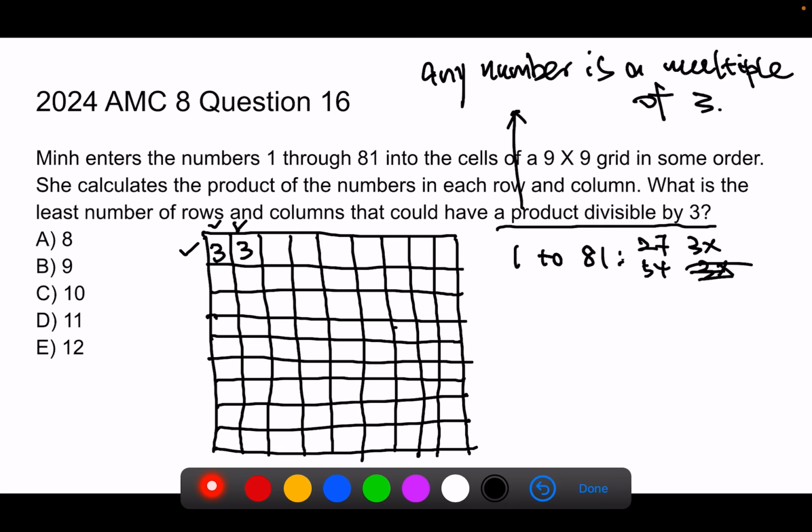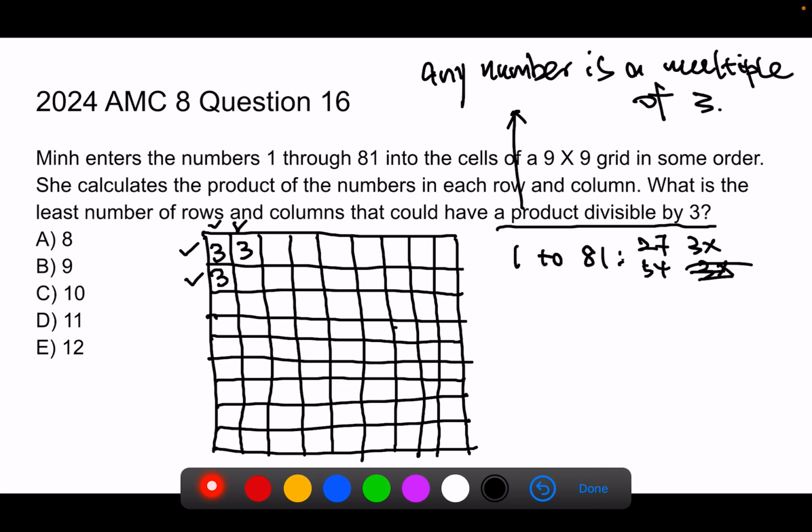Now you can see the same strategy. Where should my next 3 go? Same thing, you want to reuse the rows and columns as much as possible. I can put it here, because the first column is already divisible by 3. I'm not increasing that, but I do get one more row divisible by 3.